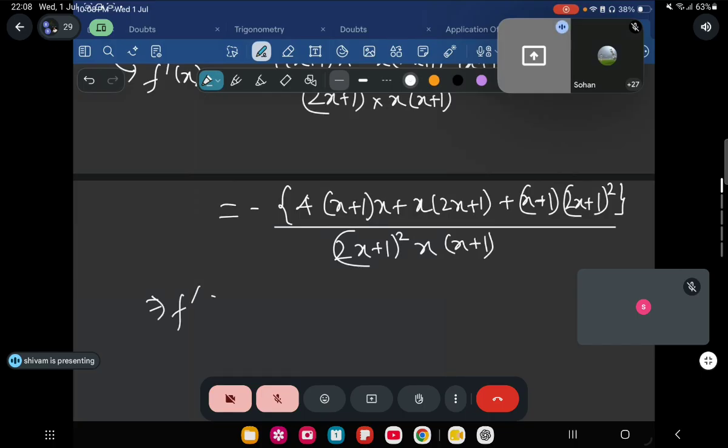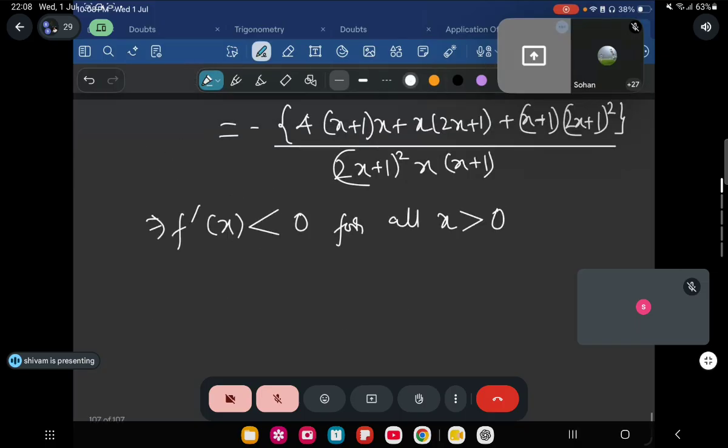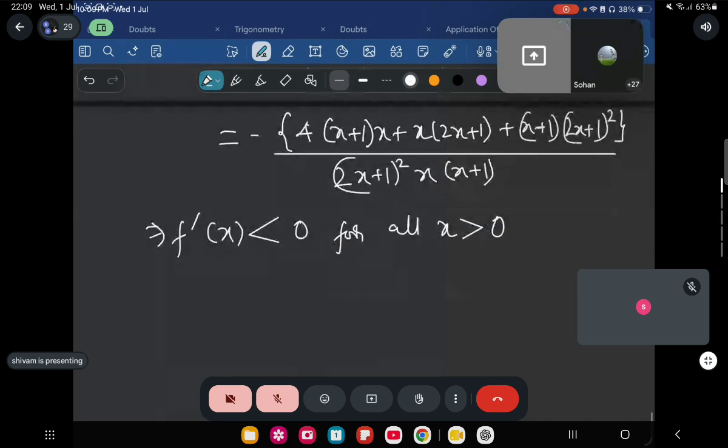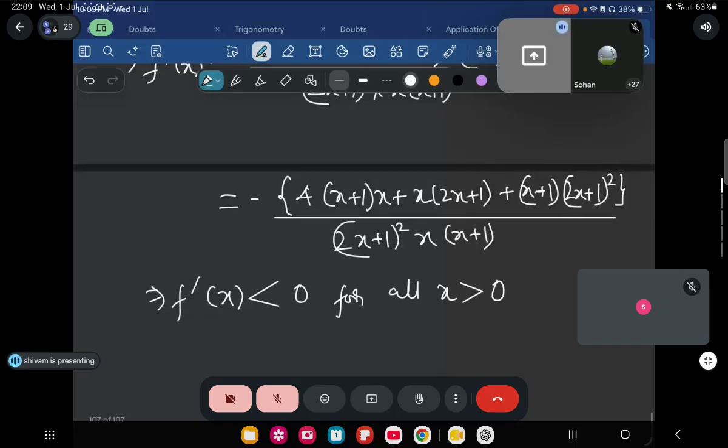So, can I say that f dash x is less than 0 for all x greater than 0? My task is to plot the function from 0 to infinity. What is going to happen in between 0 to infinity? So function is decreasing.